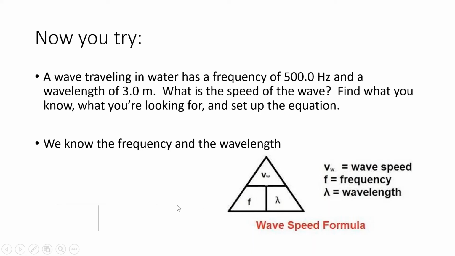If we fill those into the triangle, we've got the frequency of 500 hertz, the wavelength of 3 meters. We're looking for the speed or the velocity. So what are we going to do to those two numbers? You got it. Multiply.